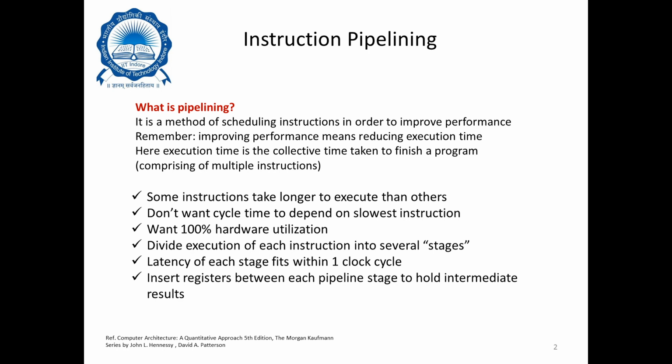We would like to divide the execution of each instruction into several stages, where the latency of each stage fits within clock cycle of unity, which is one clock cycle, and we would also like to insert registers between each pipeline stage to hold the intermediate results coming from the output of individual pipeline stages. So these are some of the desirable characteristics that we would like to have, and let us see how we can do that.